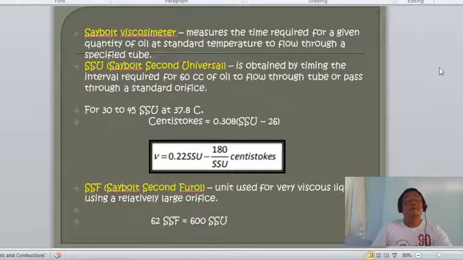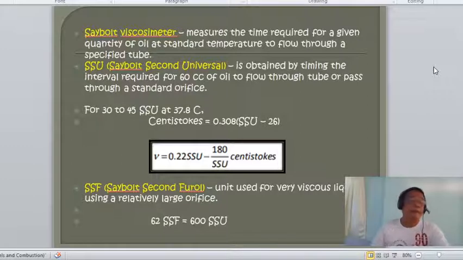So, determining the time. Take note, 60 ml or 60 cc of oil.